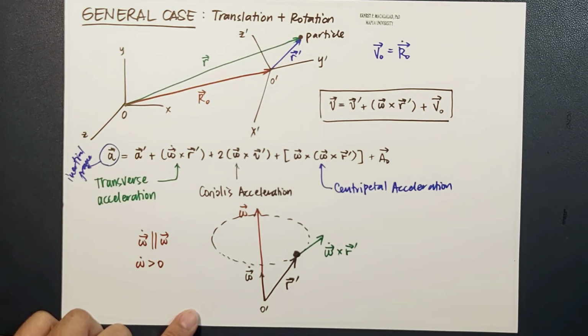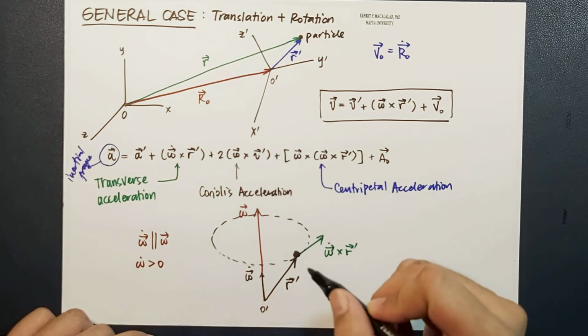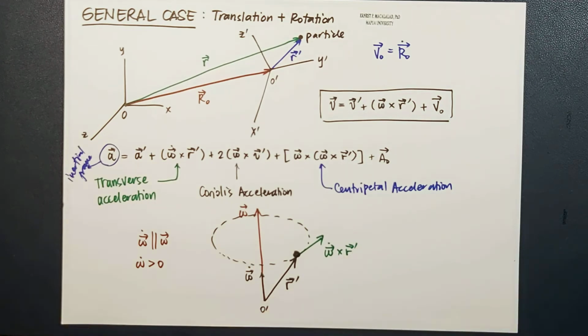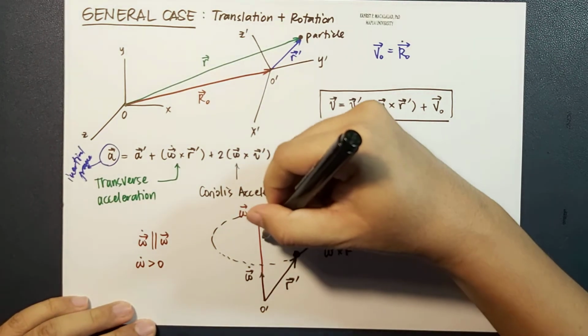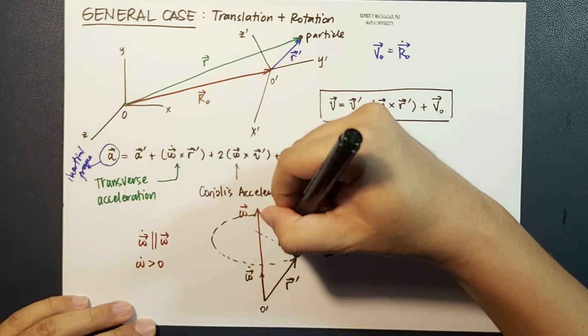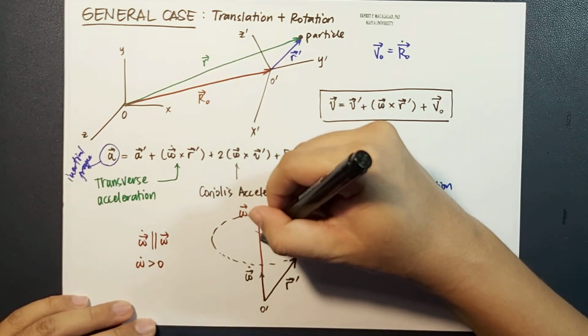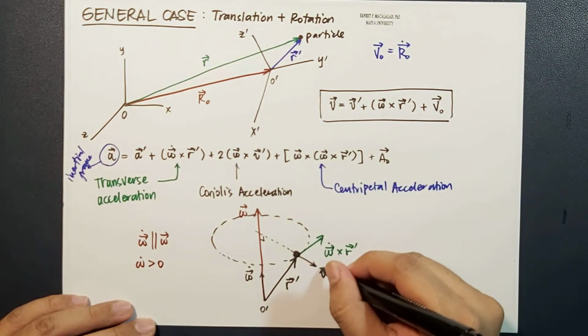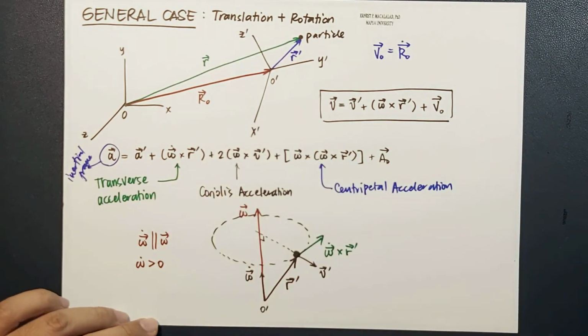Next would be your Coriolis acceleration. Say this is the radius, and this particle is moving away from the axis of rotation.